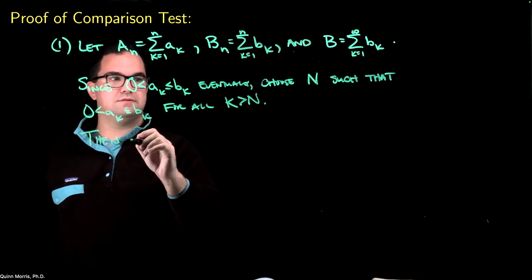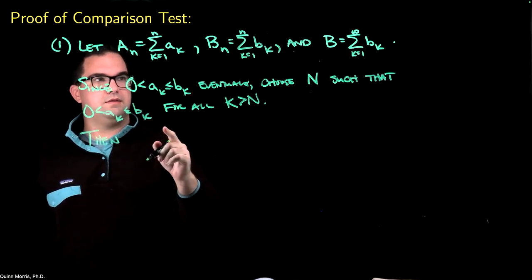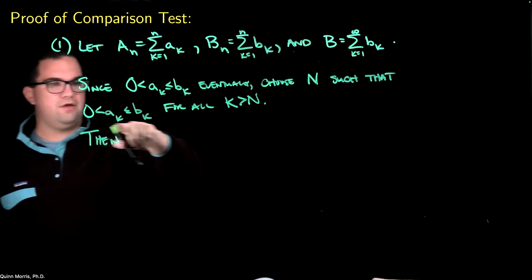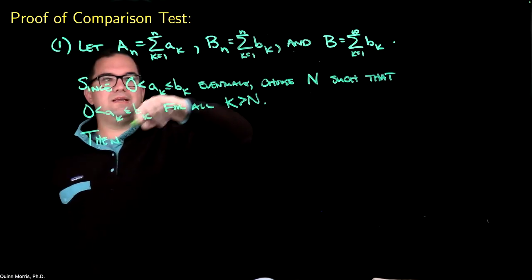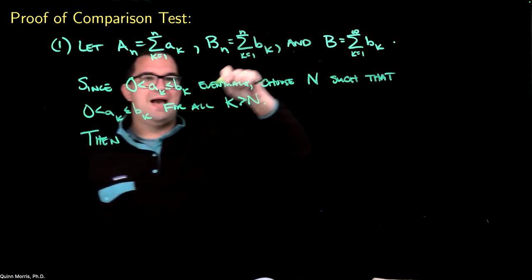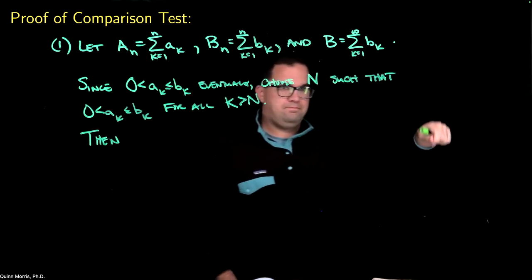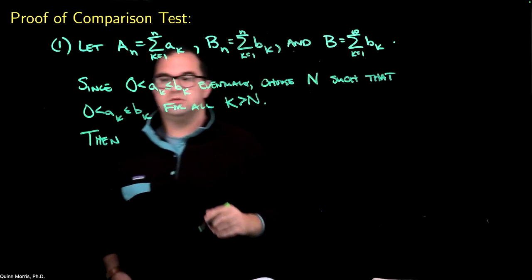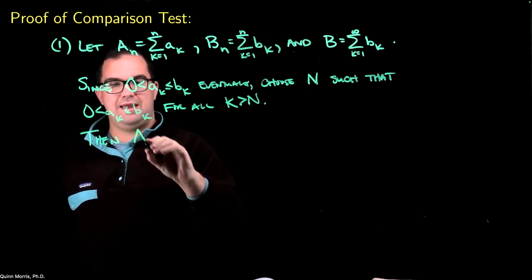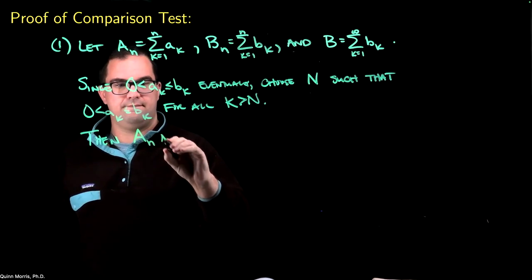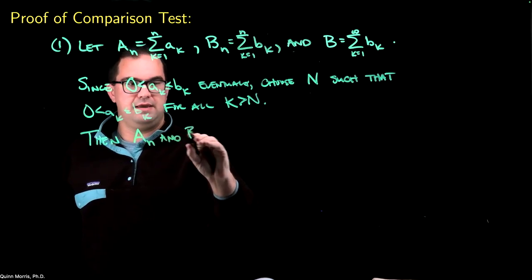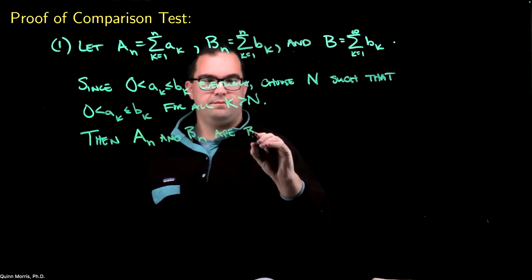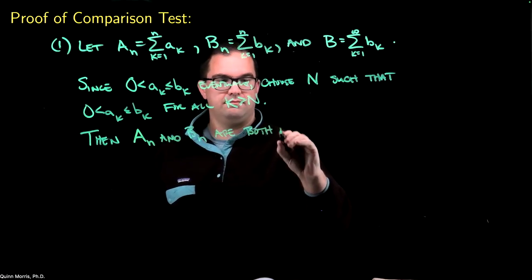Okay, so then a couple of things. Now that I know this is true, that tells me each of the things I'm adding on each time is positive, right? So then A_n and B_n are both monotone increasing.